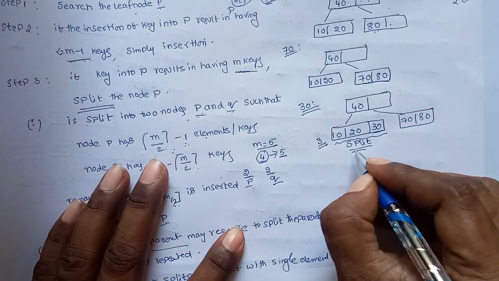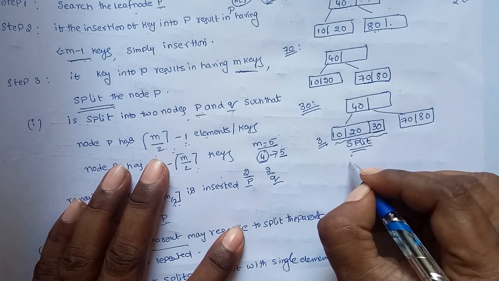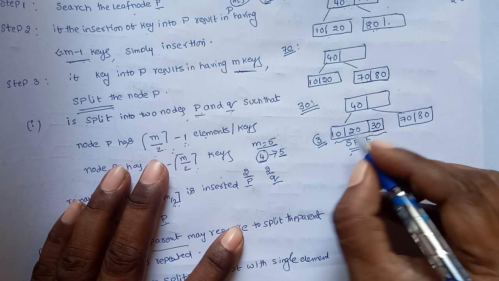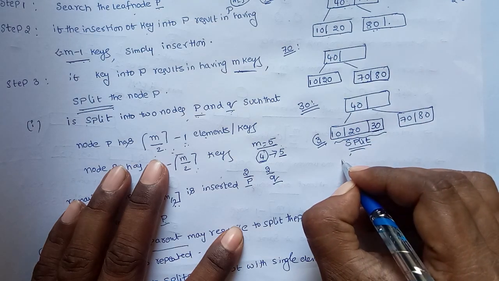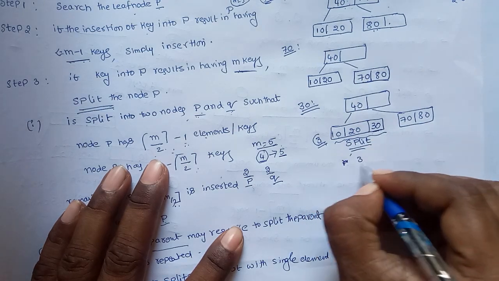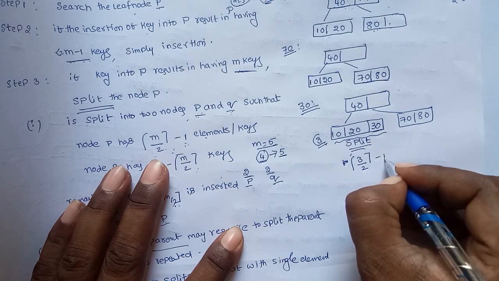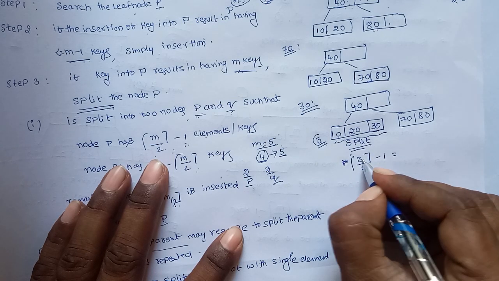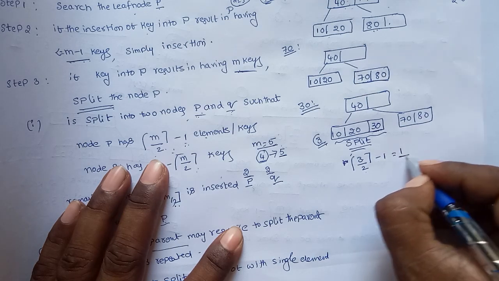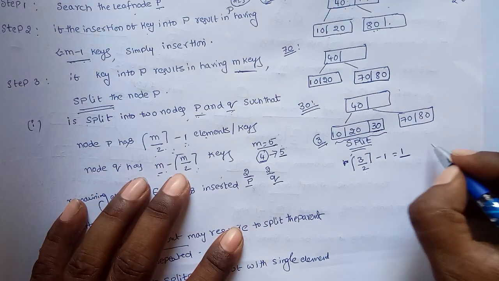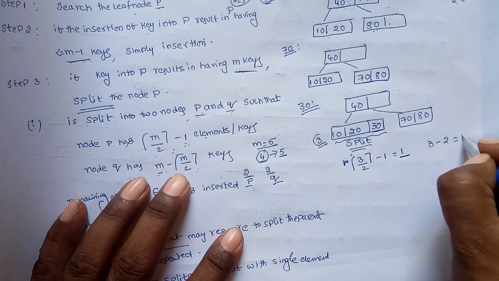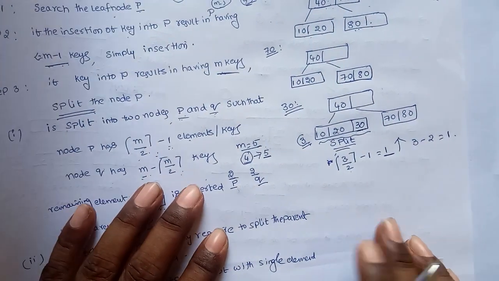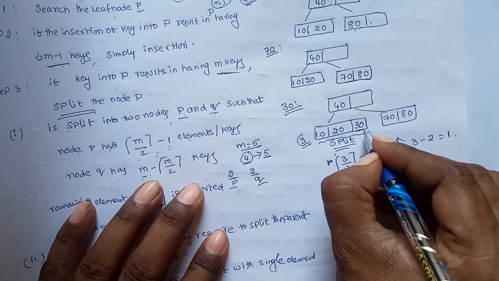After splitting, one part contains ceil of m by 2 minus 1, that is 3 by 2, which is 1.5, ceil of 1.5 is 2, 2 minus 1 is 1. One node contains 1 key, another node contains 1 key, and the middle one moves to the root node.